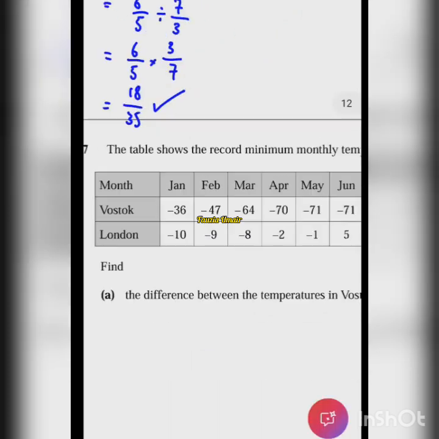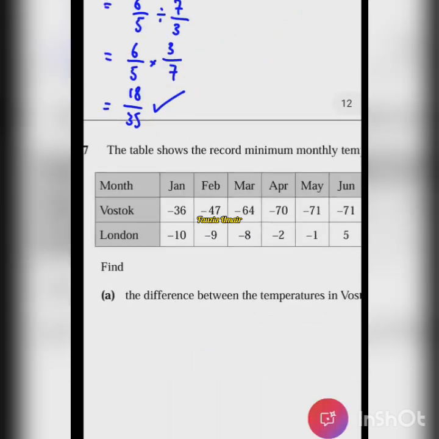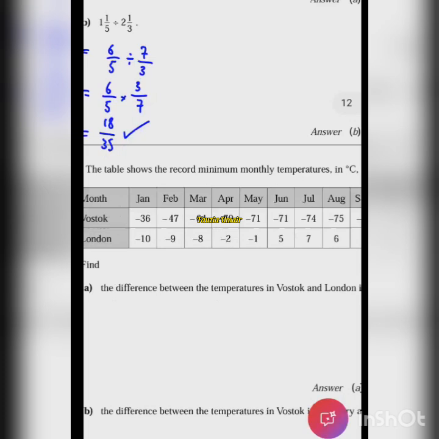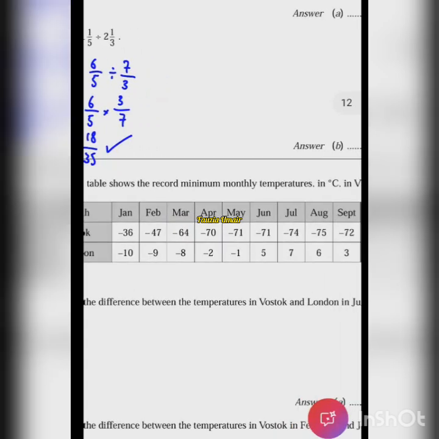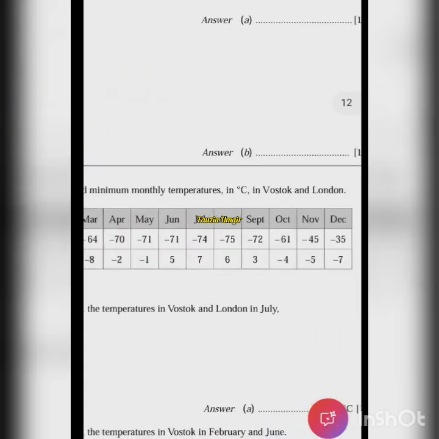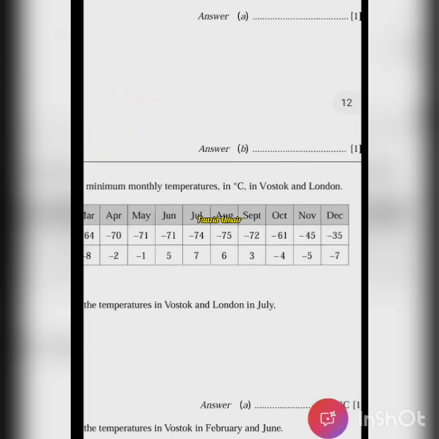All right. So now this is very interesting. These are simple questions and students make mistakes in that. So the question is, the table shows the record minimum monthly temperatures in centigrade in 2 different cities.